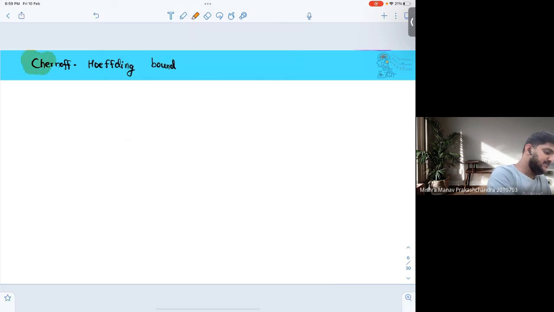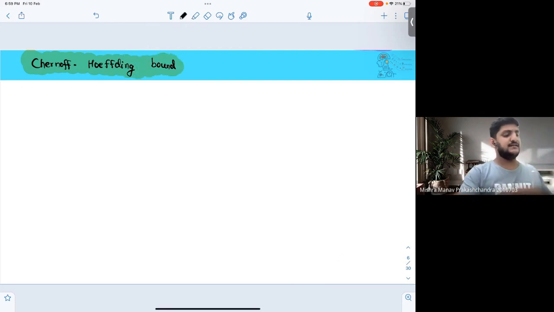I don't know if this will be useful, because we are not looking at the proof right now, but for proving that thing, we make use of a known mathematical bound known as the Chernoff-Hoeffding bound.